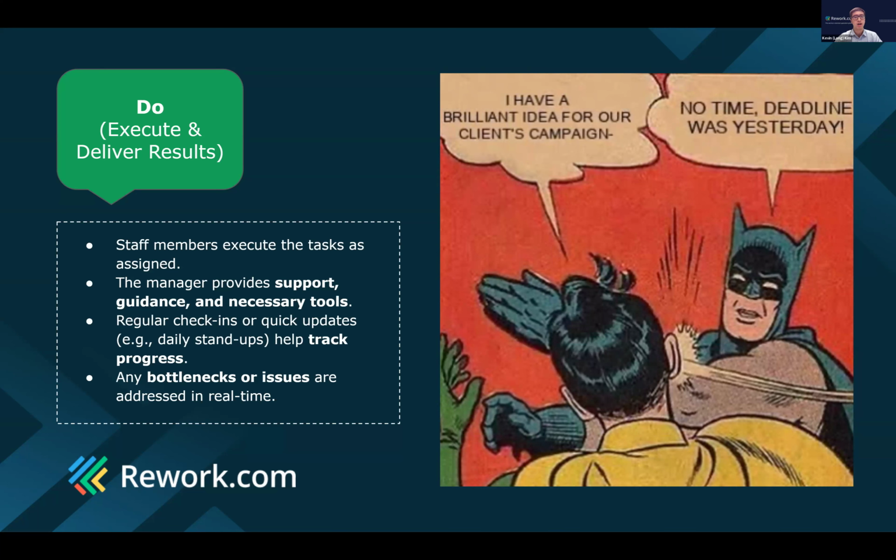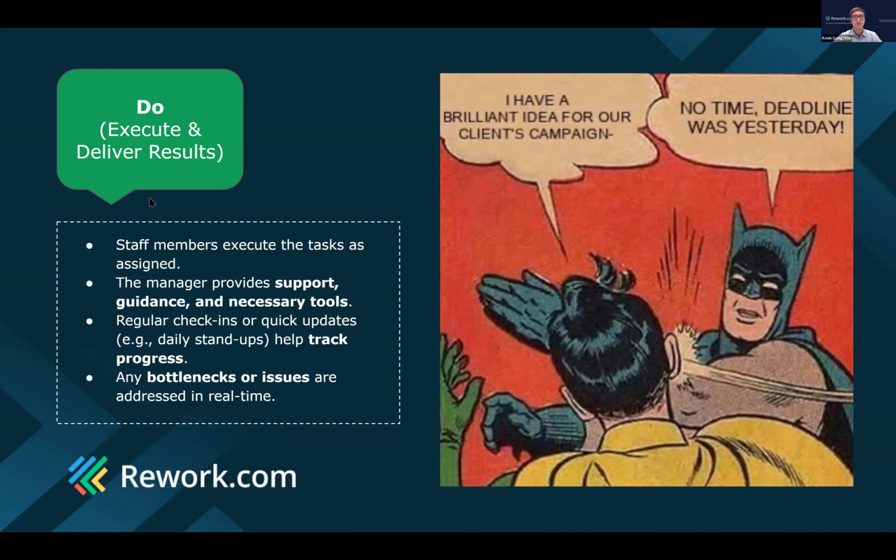And in this stage, there's one very important thing that the managers and the team member will need to do, which is to communicate effectively. For example, if there are any bottlenecks or issues that arise, they should be addressed in real time, or at least as soon as possible, to make sure that the progress is not delayed.